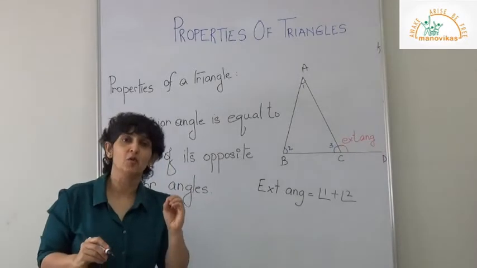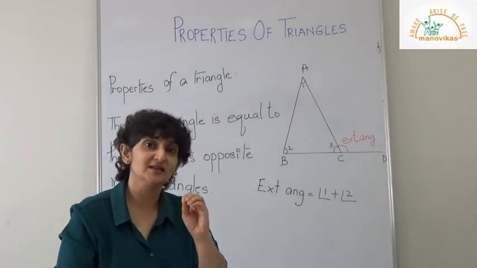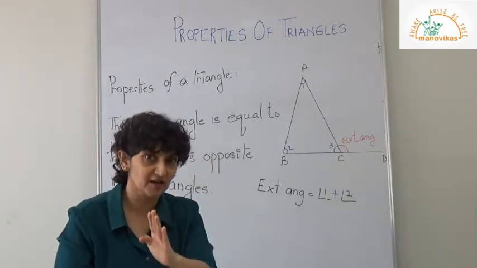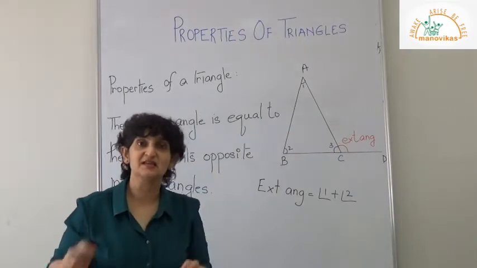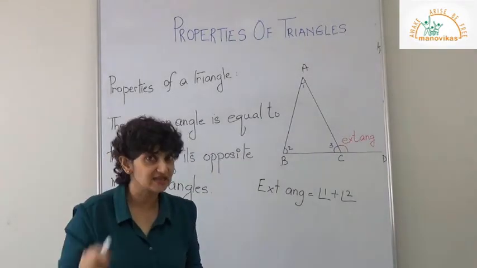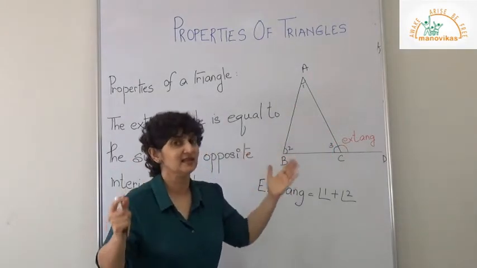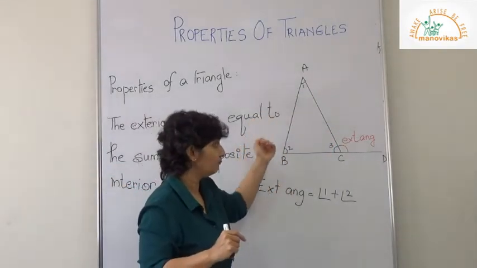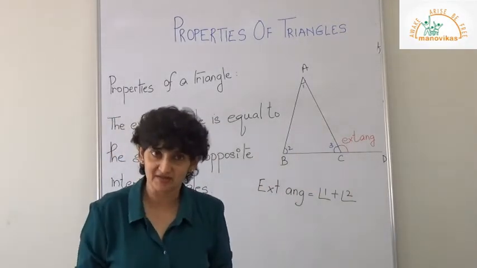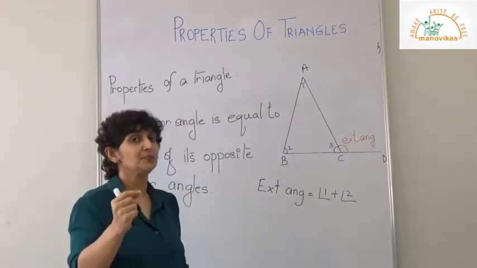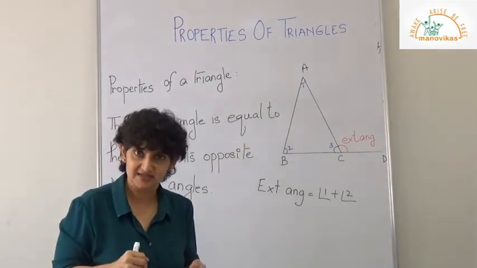Clear? So what did you understand so far with triangles? You know a triangle is a closed figure bounded by 3 line segments, meaning it has 3 sides. Then it has 3 angles. It could be anything that you name, angle A, B, C, or P, Q, R, whatever it is. So every triangle has 3 angles and it has 3 vertices.